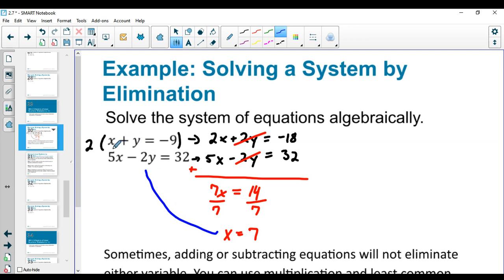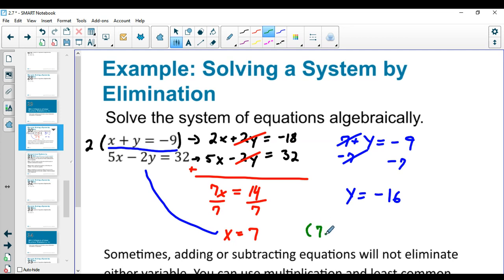So if I go up here and I plug it into this top one, then I'm going to get x, which we just said here was 7, plus y equals negative 9. Subtract the 7 to solve for y. 7 minus 7 is 0. Y equals negative 16. So our answer would be the point, x value first, then y value.